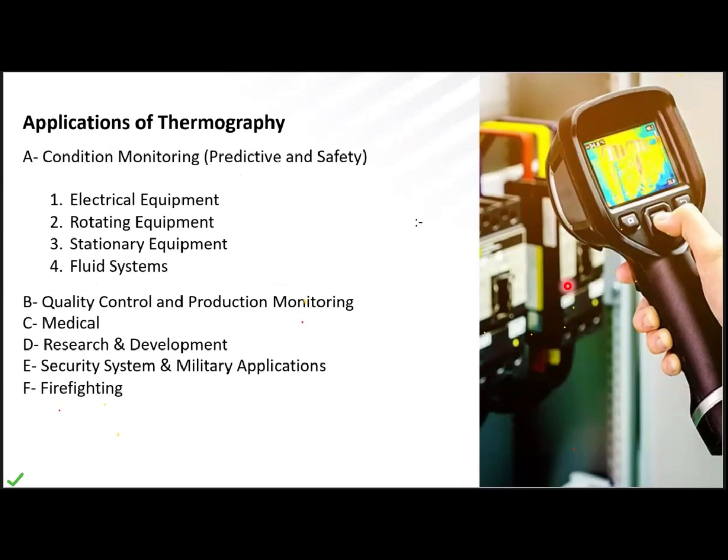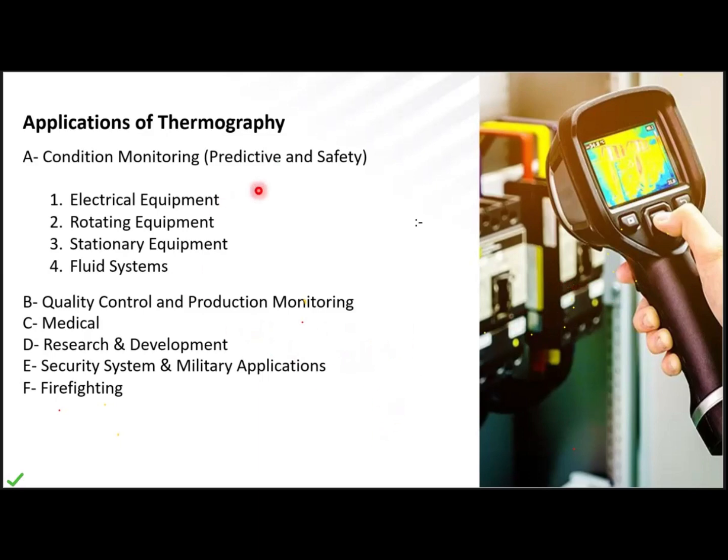We can use it in quality control and production monitoring, in medical applications, just like the thermal cameras used in 2020, the COVID-19 era, and in research and development. It can also be used in security systems, a lot of military applications, firefighting, and so on.